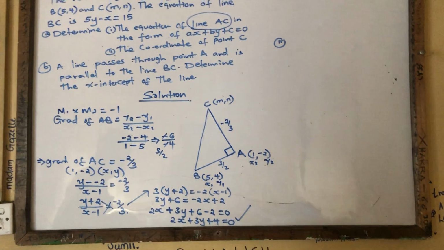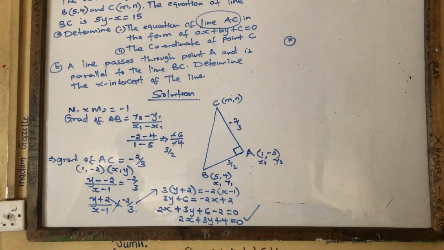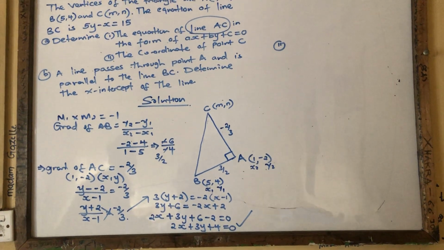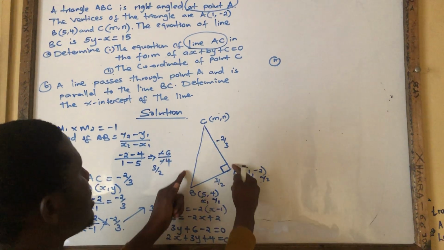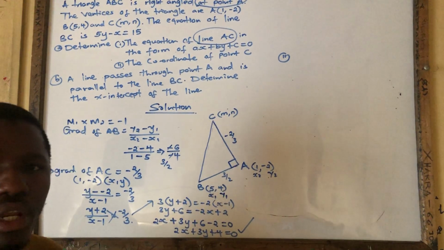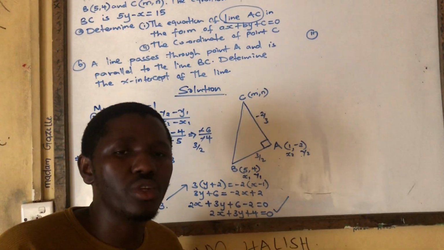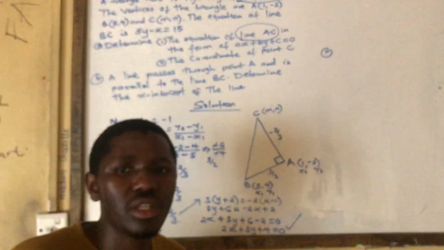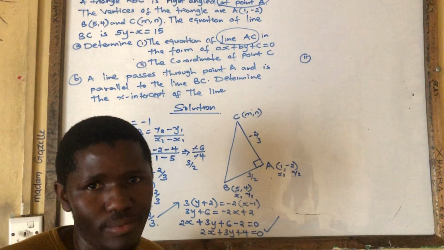First and foremost, what is C? C is what we call a point of intersection of line BC and AC. Do remember, we defined a point of intersection as a point where two or more lines meet.